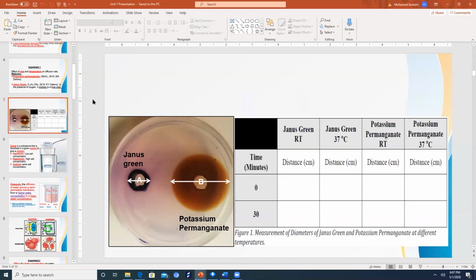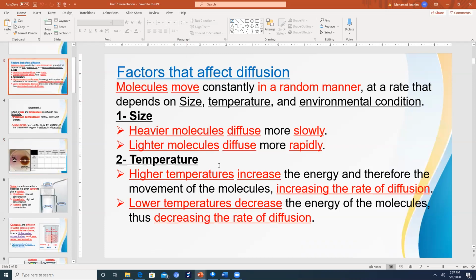When I say diffusion here, we're talking about materials that diffuse freely from high concentration to low concentration. Diffusion depends on many factors. First of all, it depends on the size of the molecule. Small molecules diffuse faster than heavier molecules. Adding energy will also increase the diffusion rate.